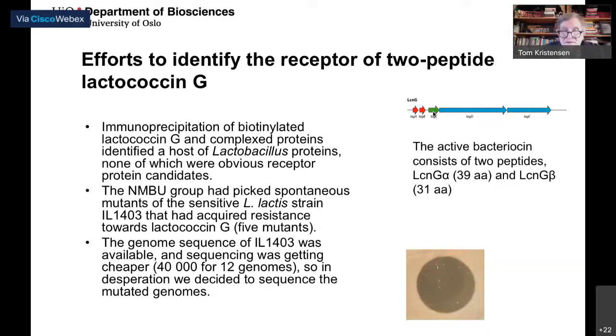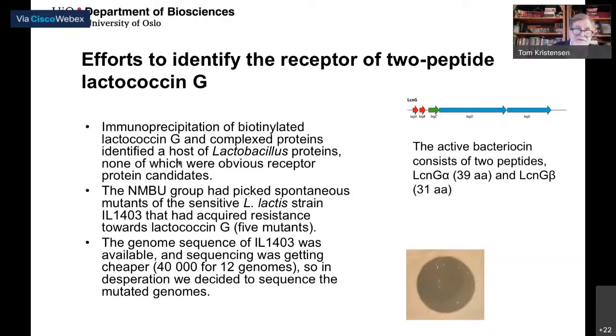So together with Jon Nissen-Meyer, we tried to repeat what had been done at the Life Science University in Ås by doing immunoprecipitations using lactococcin G, or the immunity protein for lactococcin G, to see whether they would pull down any interesting membrane proteins from the host. But the results we got were extremely dirty and not very interesting.